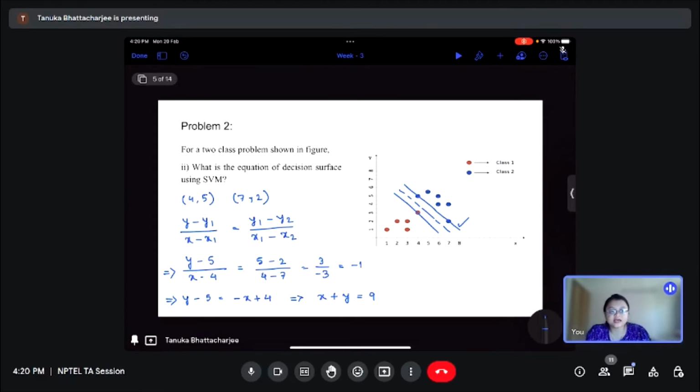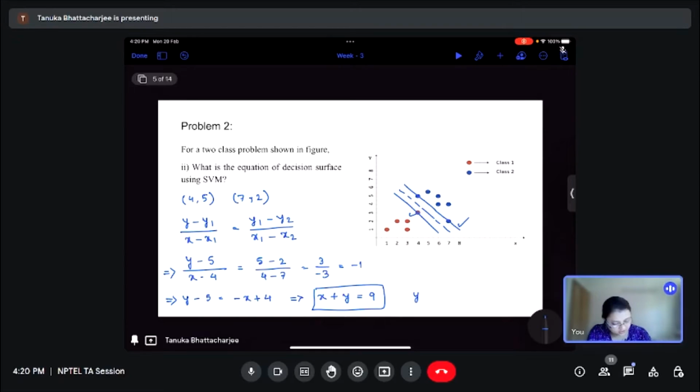Similarly, we can have a boundary for class 1 which passes through the support vector of class 1, which is this point 4, 3. This will basically be a line parallel to this particular line, but passing through that red point. If it is parallel, then simply the slope will be equal.